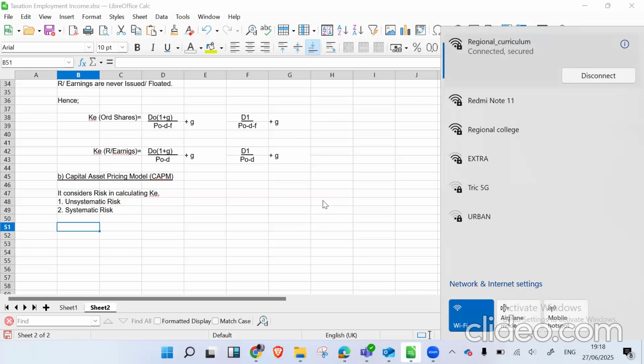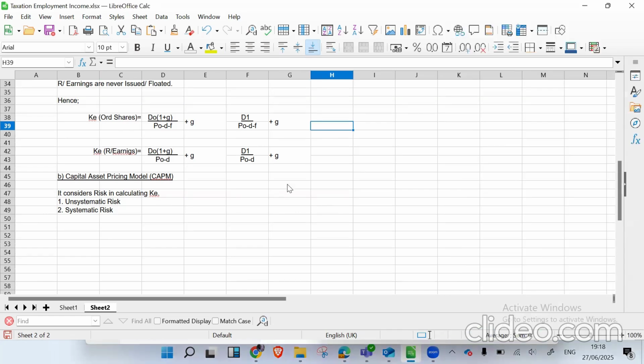It doesn't matter whether you are in the business of selling tomatoes or selling whichever the need. Hiyo ikihit imehit. So systematic risk affects all firms in the industry. And it cannot be eliminated through diversification. Hence it is included in calculating KE.